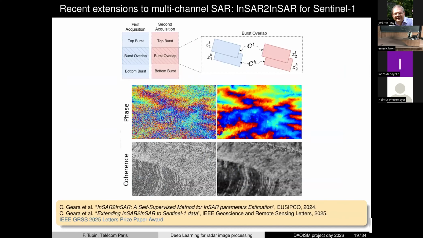But you see, for some modes of the sensor, so here is an example of Sentinel-1 acquisition, Sentinel-1 has a very specific way of acquiring images, because in the TOPS mode, the sensor is trying to image a very wide area. In this case, it will have pointing angles that move during the acquisition.